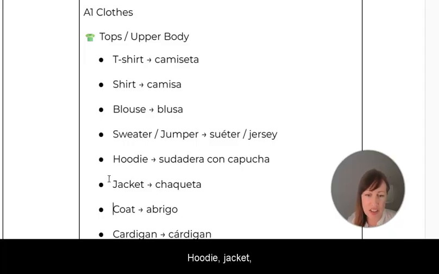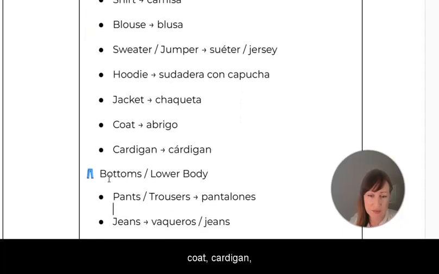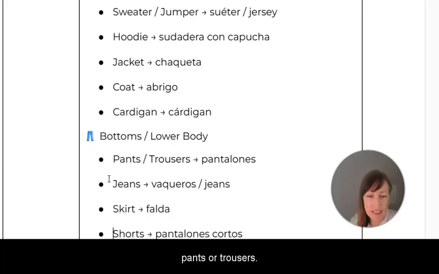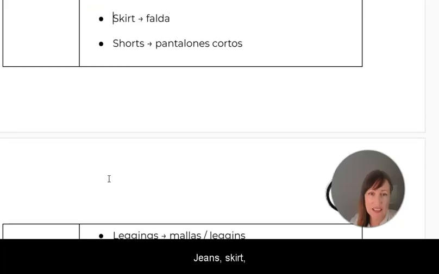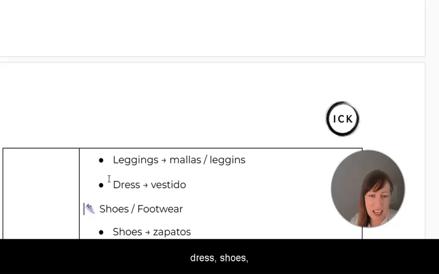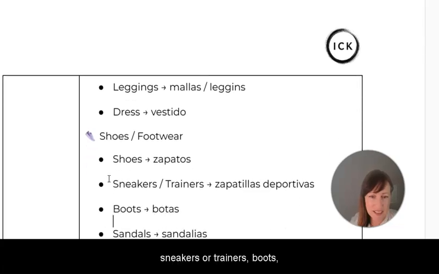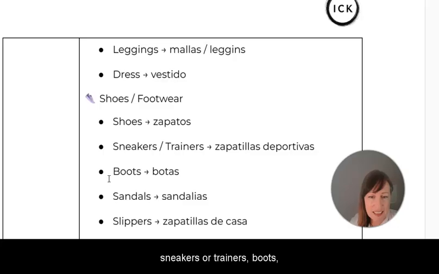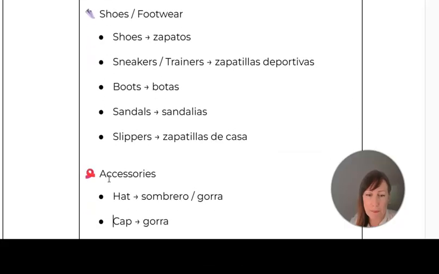Hoodie, jacket, coat, cardigan. Pants or trousers. Pants is more common in the United States. Jeans, skirt, shorts, leggings, dress. Shoes, sneakers or trainers. Boots, sandals, slippers.